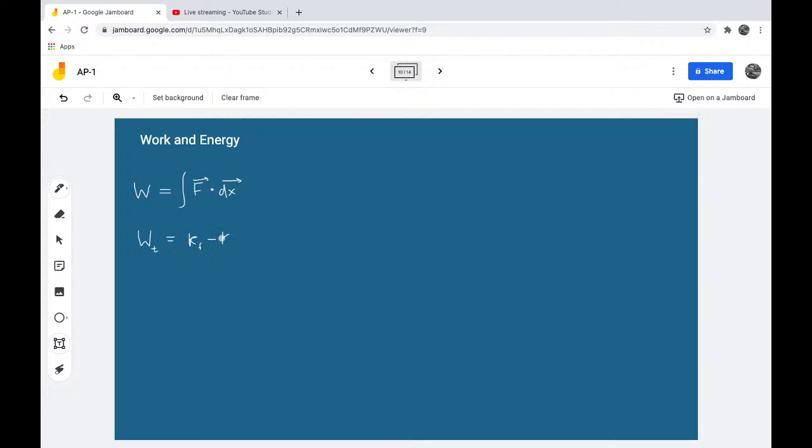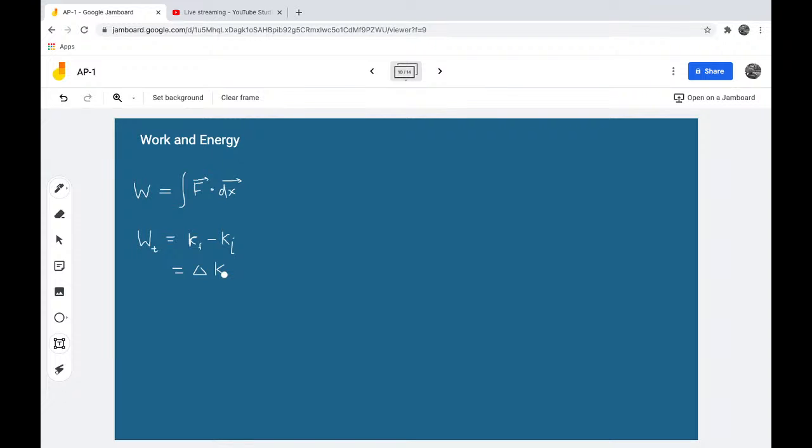You have to be careful here that this is written as the change in the kinetic energy, or sometimes I will simply write delta K. So when you say total work, then the total work is absolutely the total work. I'm coming to it in a few seconds. So total work done is final kinetic energy minus initial kinetic energy.